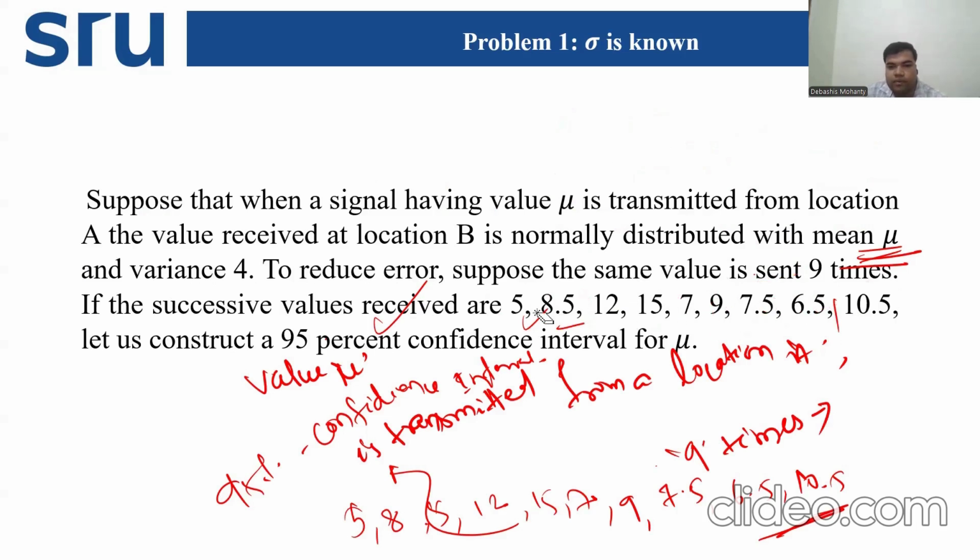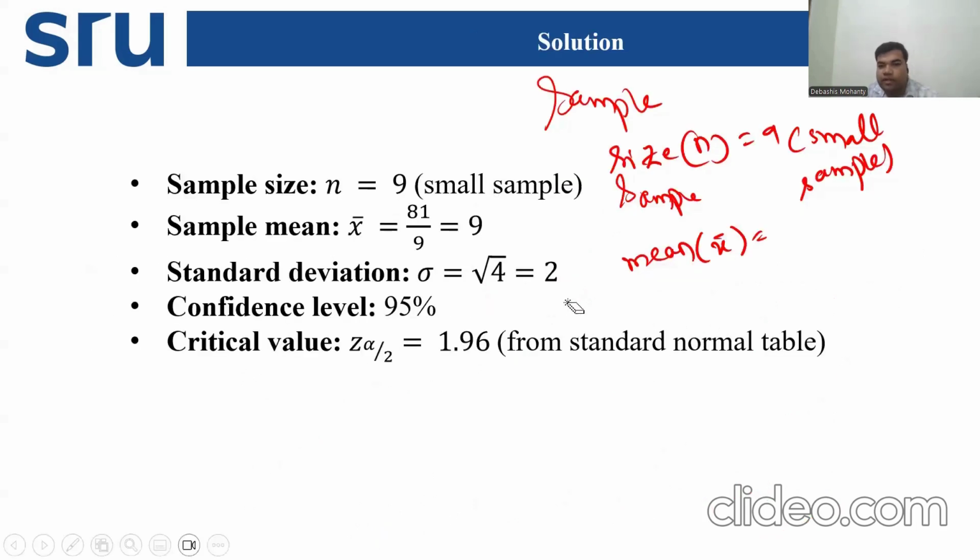There are 9 observations. The total is 81, so 81 divided by 9 is 9. So the sample mean is 9.